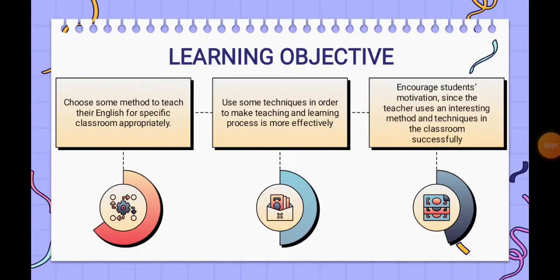Learning objective: after learning this chapter, the teachers-to-be will be able to choose some methods to teach their English for specific classroom appropriately, use some techniques in order to make the teaching and learning process more effective, and encourage student motivation since the teachers use an interesting method and technique in the classroom successfully.